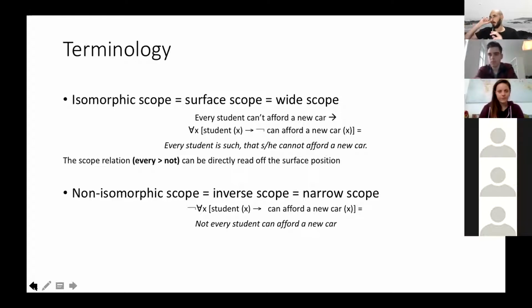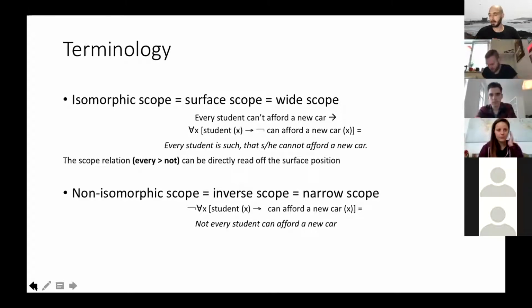Right. So wide means higher in the structure, and narrow means lower in the structure. It refers to a C-command relationship. Yeah, that's right. Am I right, Mike? Yep, you are. Awesome. So in this case, just to make an example, the universal quantifier would have a wide scope because it's higher, because it takes scope over everything else.